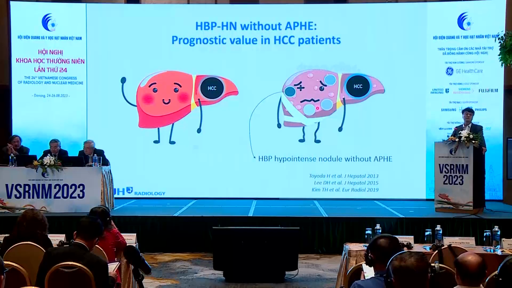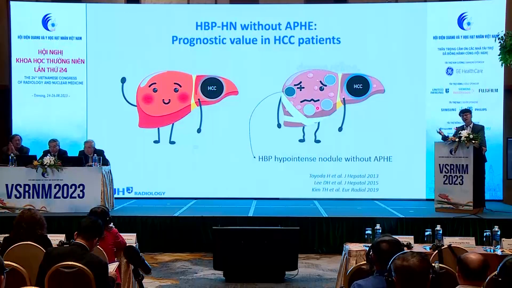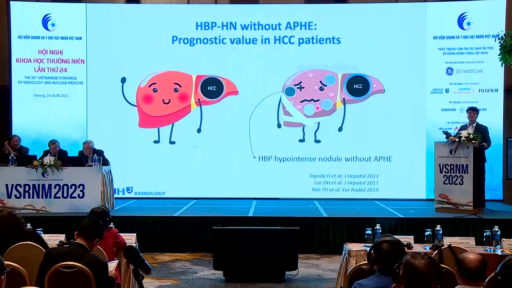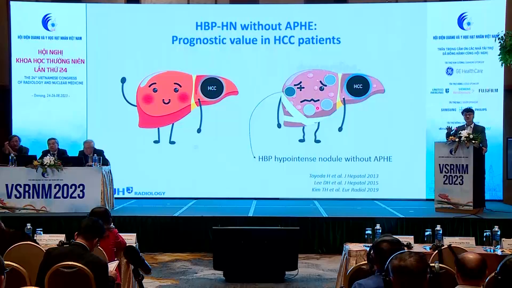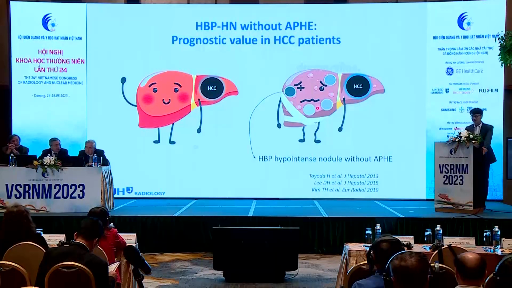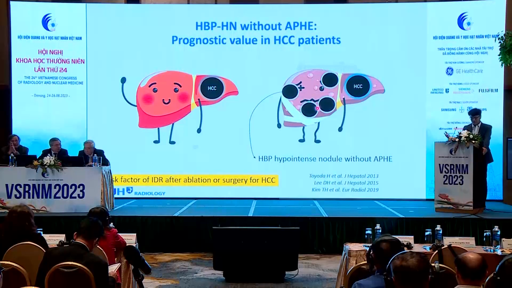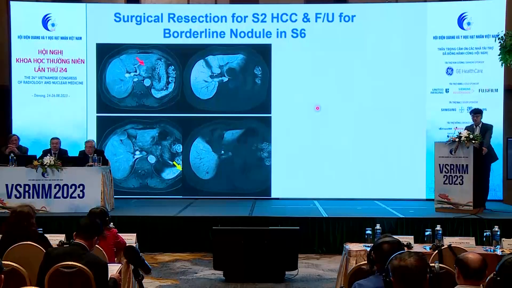So up to 30% of these nodules will convert into hypervascular HCC within 3 years. So the background liver is bad. The background liver has a higher risk of developing HCC. So you need to consider this kind of thing when you select the treatment option.